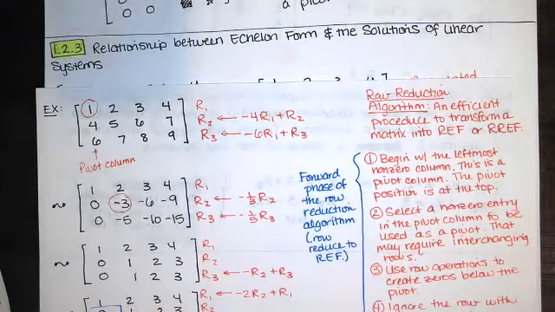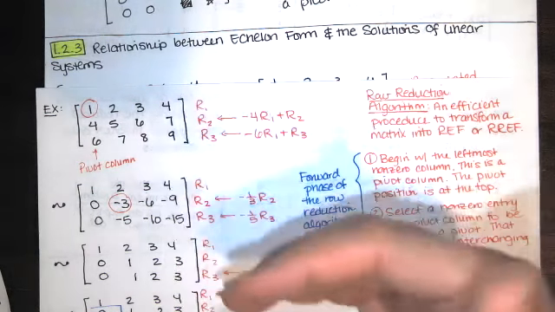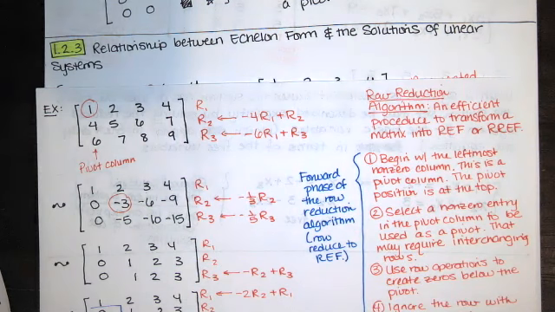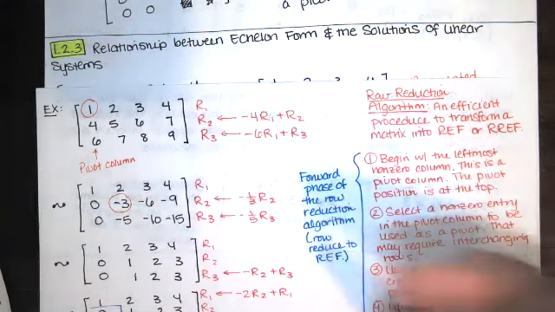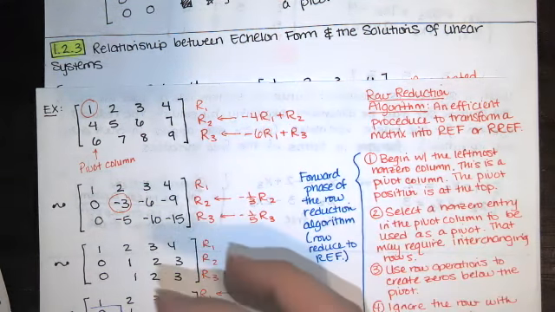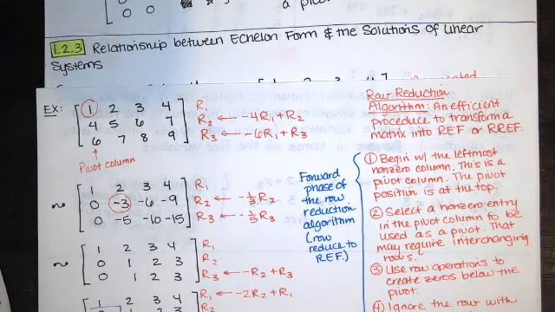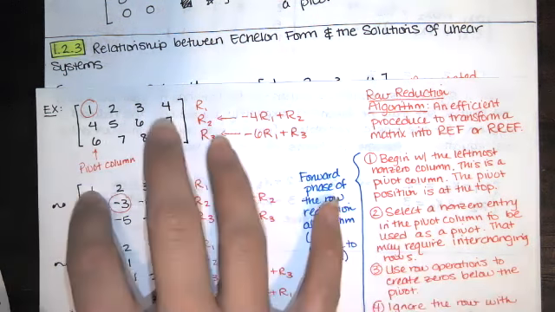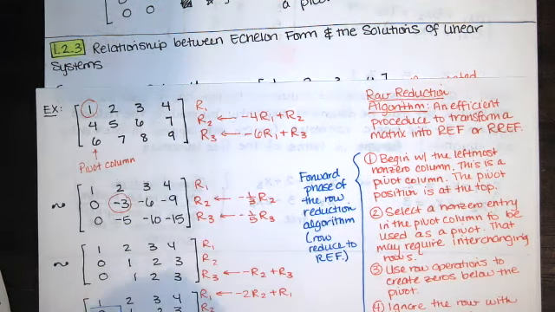So every time we applied an elementary row operation to this matrix to get a row equivalent matrix, it's just as if we had manipulated those original equations in that way. So the equations and the rows are playing the same role here. They don't always have to. This matrix doesn't necessarily have to represent the augmented matrix of a linear system.